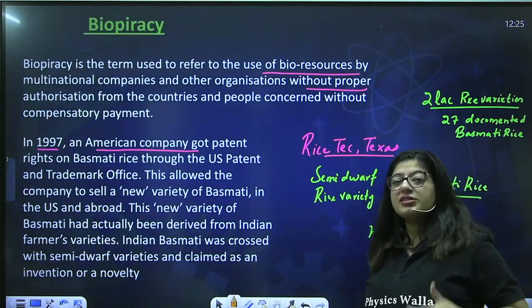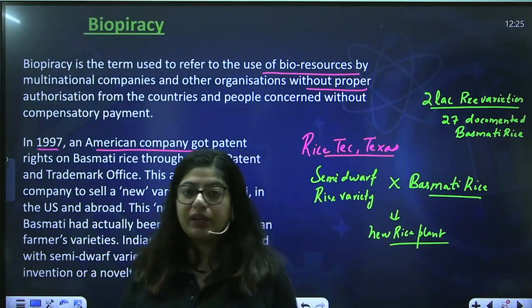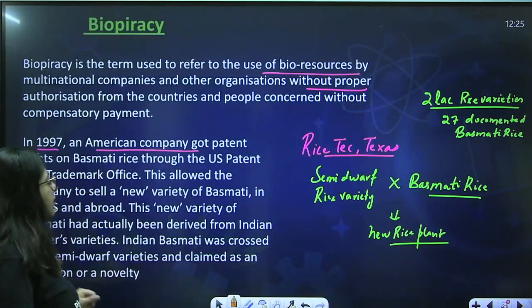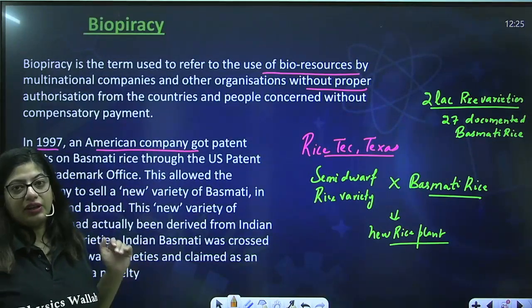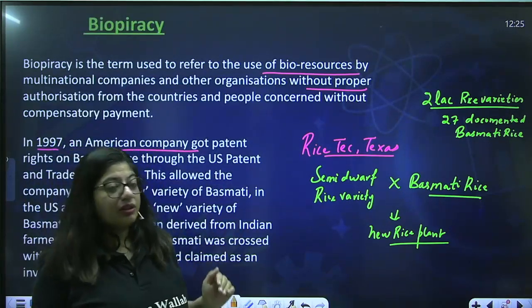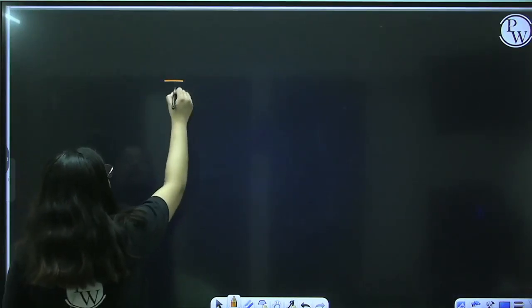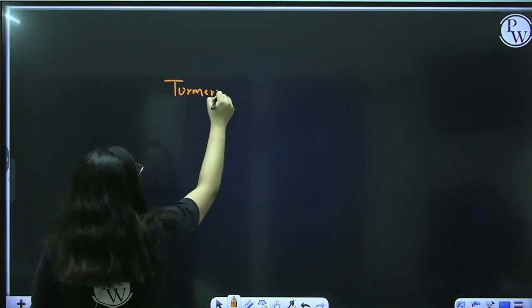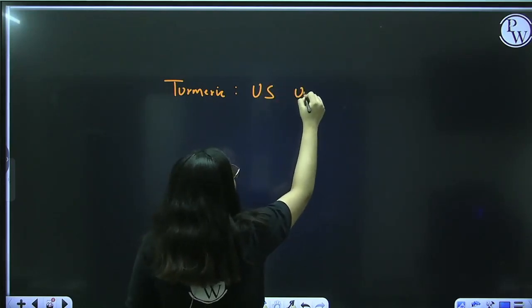In our Vedas, in our books, in our folklores, everything is written about rice. How can you take it? So this case was sent to the WTO, World Trade Organization, and some of their rights were taken back. Same was done on turmeric and neem. The turmeric right was taken by US University of Mississippi.